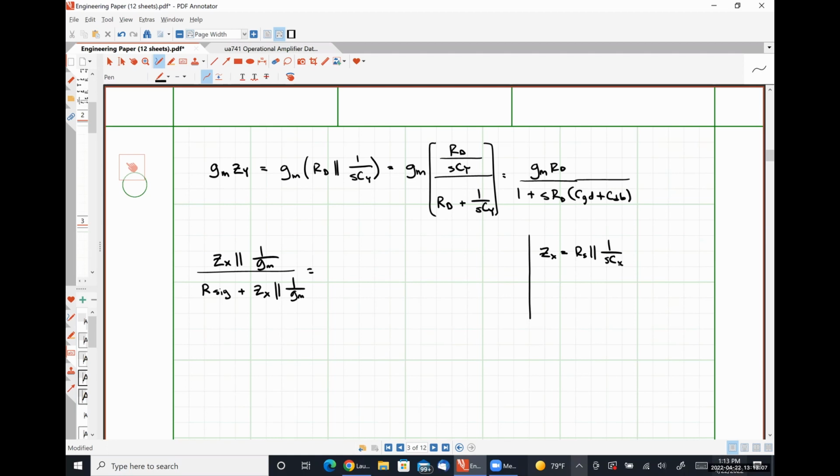I had something really similar to that here. So I'm going to jump a couple of algebraic steps ahead and say that RS in parallel with 1 over SCX is going to look like RS over 1 plus S RS CX.